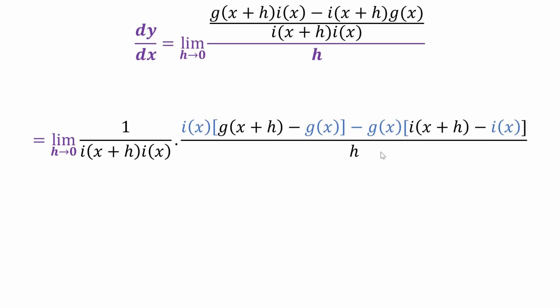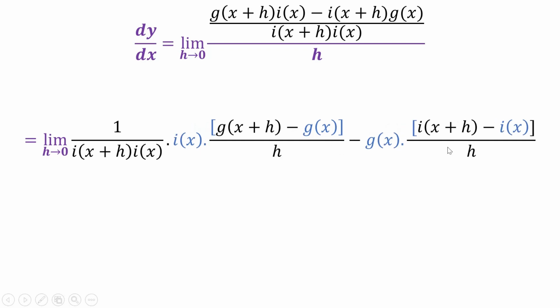My next duty is to distribute h for the numerator terms. So the first part here in the bracket, I'm going to divide it by h. And the one here too, I'm going to divide it by h. When I do that, I am at this point.